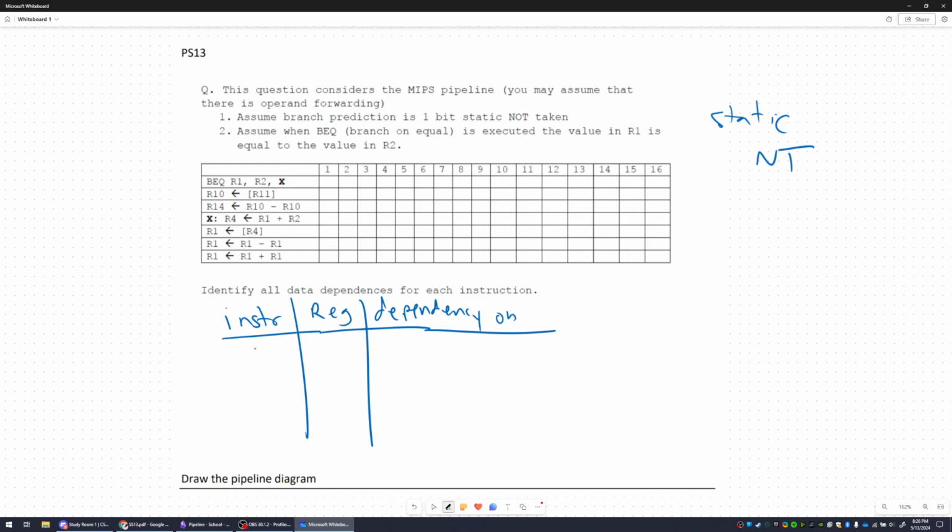So instruction 3, register 10, has a dependency on instruction 2. Right. And then let's see, is R14 used anywhere? Nope. How about R4? Yes. Instruction 5, register 4, has a dependency on instruction 4.